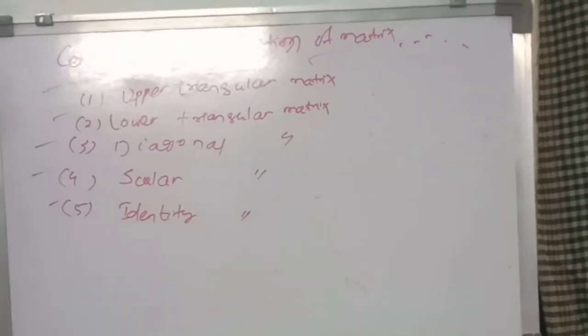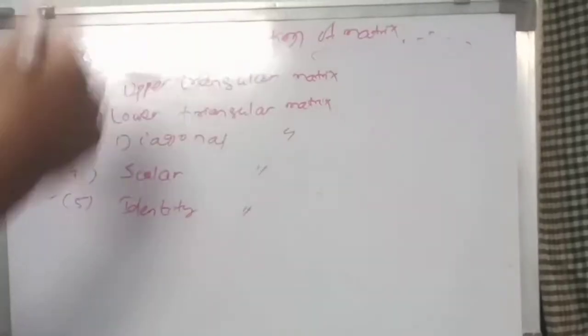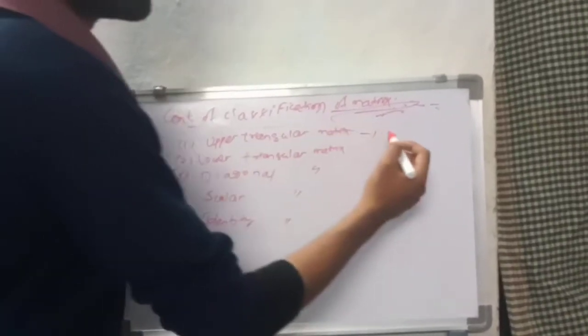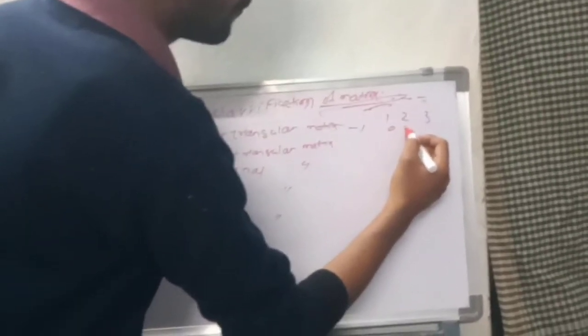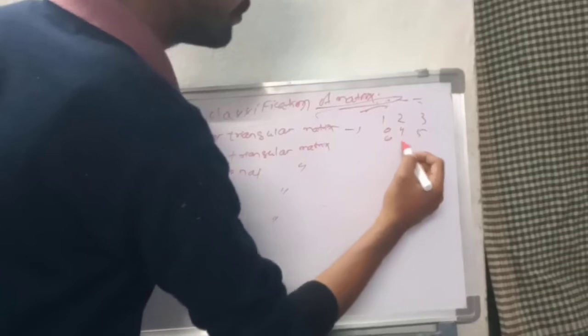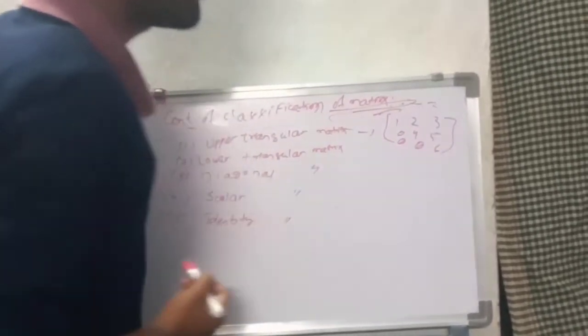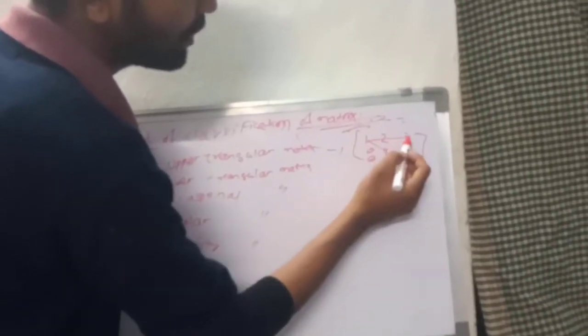Upper triangular. How can we describe this upper triangular matrix? Let's take an example of an upper triangular matrix: 1, 2, 3, 0, 4, 5, 0, 0, 6. It forms something like an upper triangle.